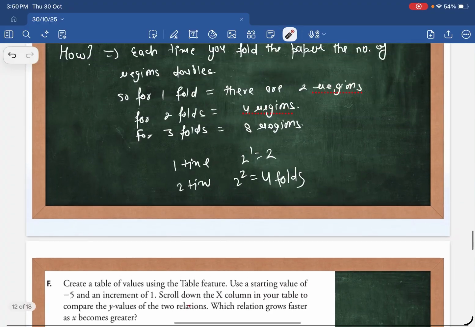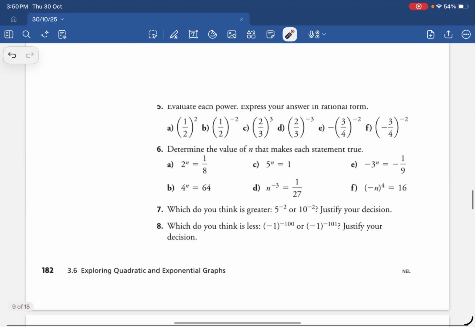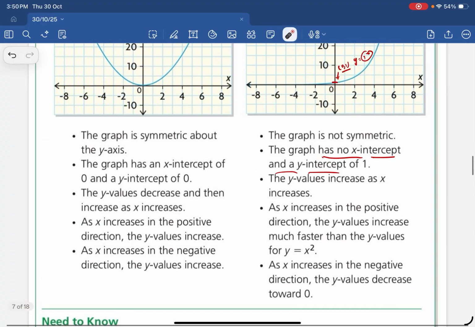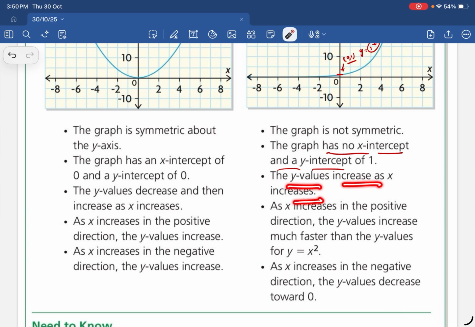So for the parabola y is equal to x square, the y value decreases and then increases as x increases. That's how we define the parabola.